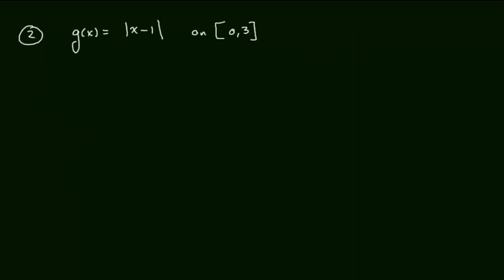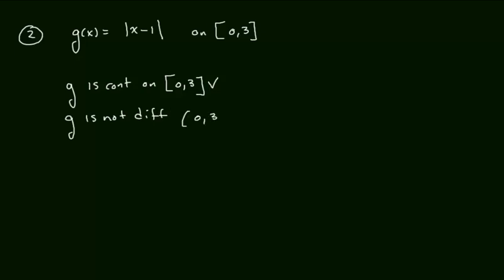In example 2, we take a look and we can say here that G is continuous on the interval 0 to 3. That is true. However, G is not differentiable on the open interval 0 to 3. You certainly should know what this looks like.